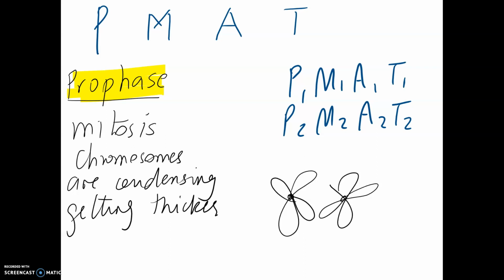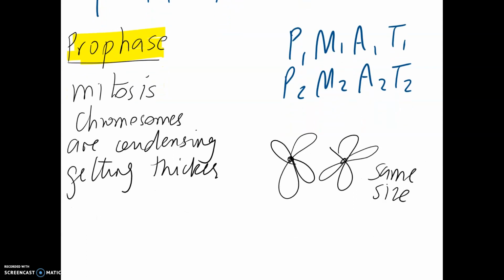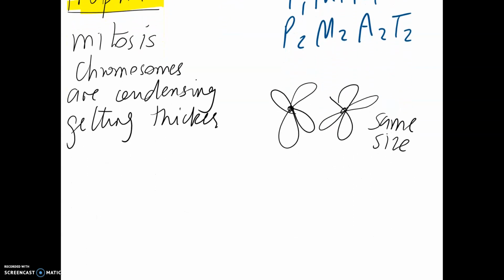Say for eye color, because it's one gene, it will be the same size and have the same genetic information, but it will make up and join with the homologous pair.